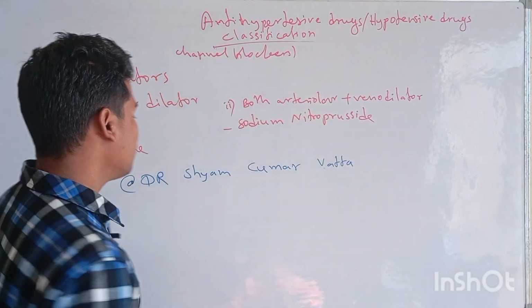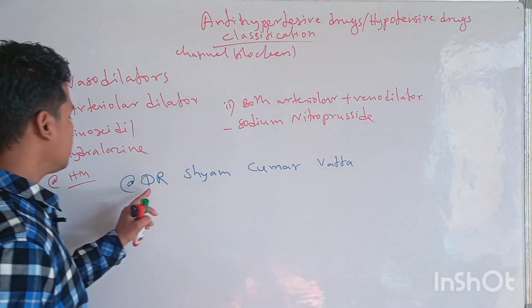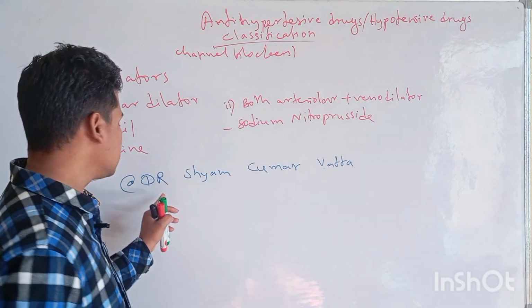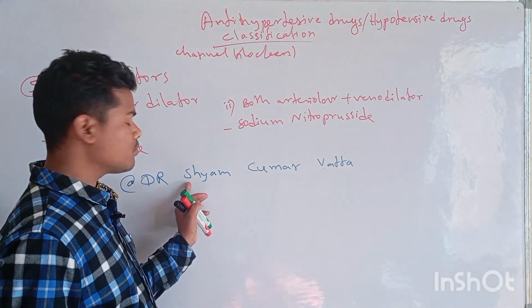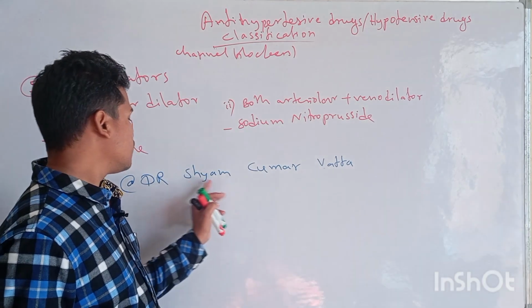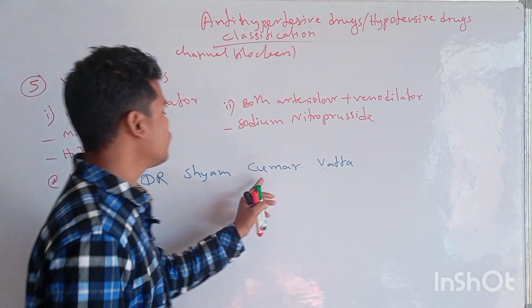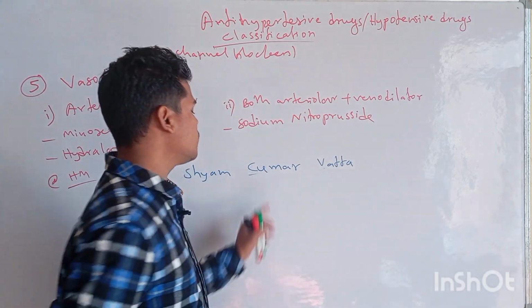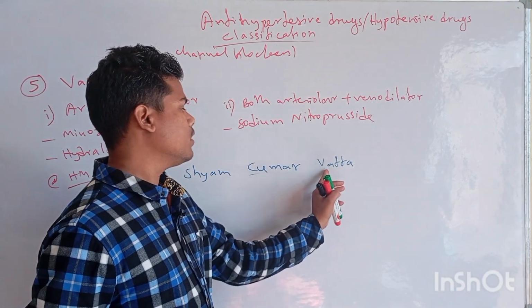Dr. Sam Kumar Bhatta. D for diuretics, R for renin angiotensin system inhibitors or blockers, S for sympatholytics or sympathetic inhibitors, C for calcium channel blocker, and B will stand for vasodilators.